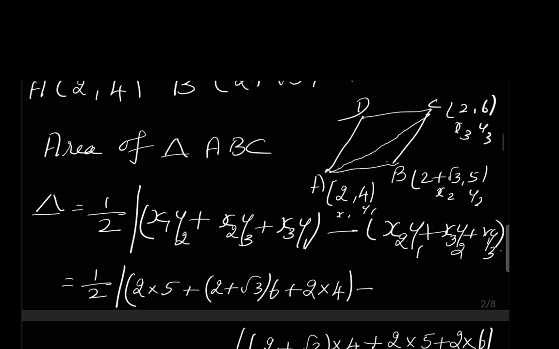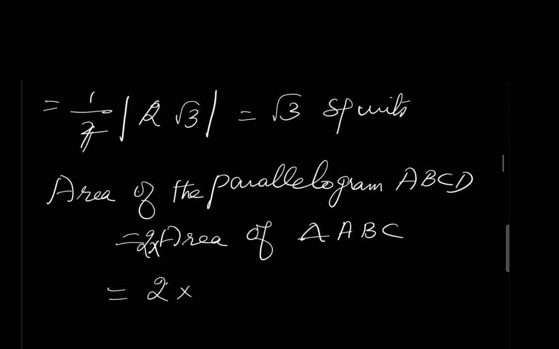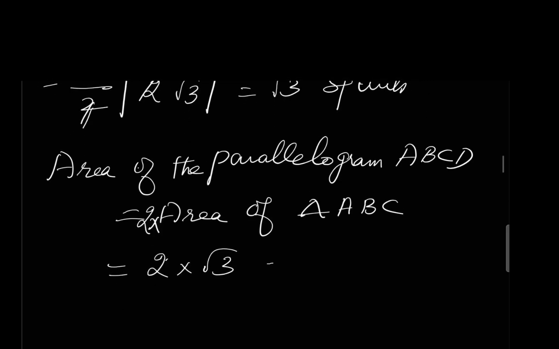But these two areas are equal, so it is 2 times the area of triangle ABC. The area of triangle ABC is root 3, so 2 root 3 square units. This is the answer.